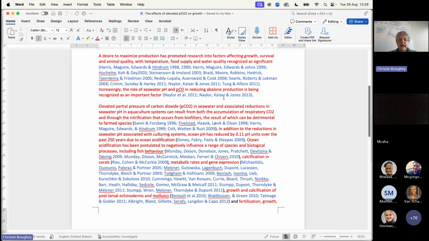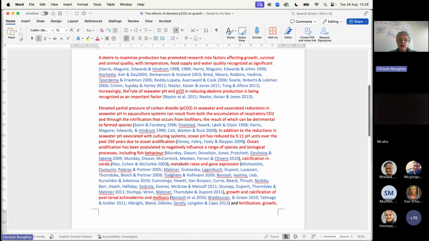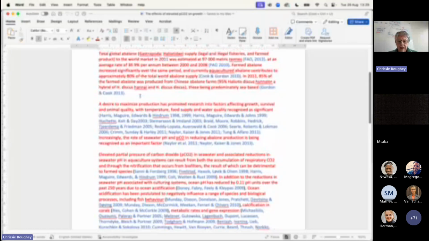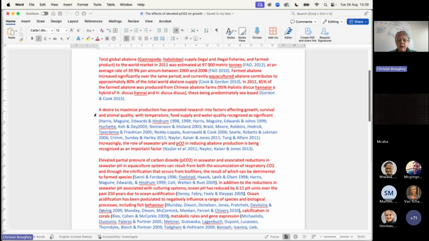If you look at the beginning, let's look at the beginning of this second paragraph: a desire to maximize production has promoted research into factors affecting growth, survival, and animal quality, with temperature, food supply, and water quality recognized as significant.